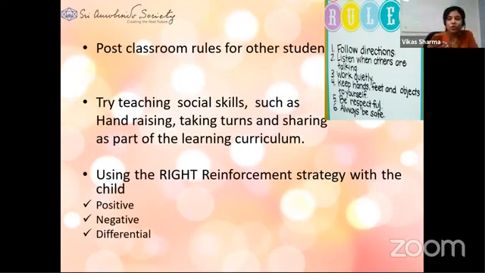Now, teachers, if I talk about negative reinforcement, that means taking away some pleasurable activity or thing from the child for a certain amount of time. For example, this particular child named Ram is not listening to you or is not sitting on his own seat and is getting up before 10 minutes. Like he just sat for 2 minutes and he has got up. Today he was supposed to go for his games class, or today he was allowed to sit with his best friend.